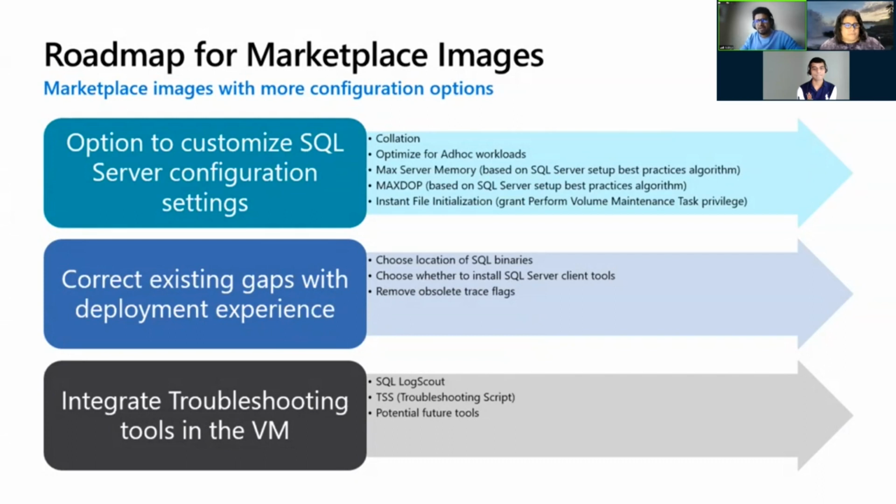And apart from that, we are also integrating a few troubleshooting tools such as Log Scout, TSS, and others. Why? Let's say you are on Azure, you found a performance problem, and you want to raise a case with CSS. CSS would come and say, hey, can you please install this tool? We won't want to do that.